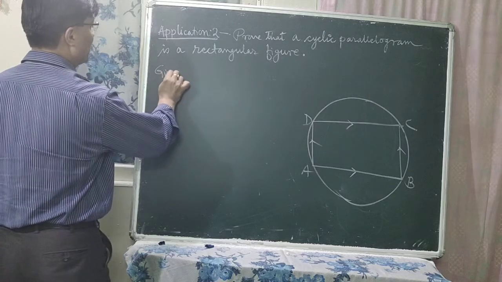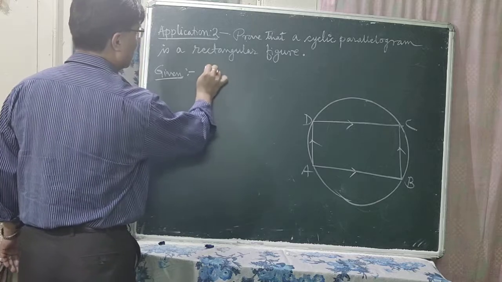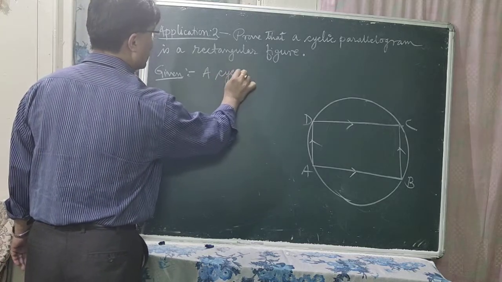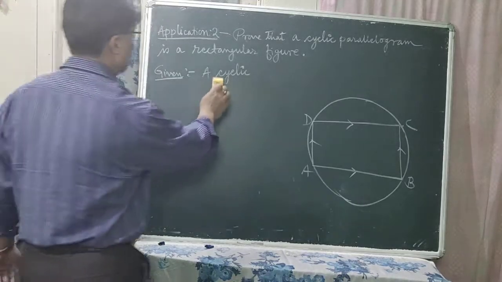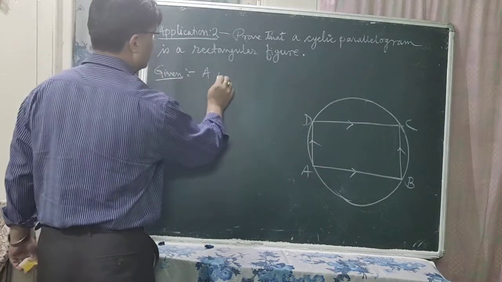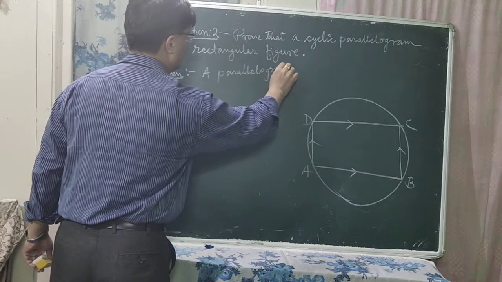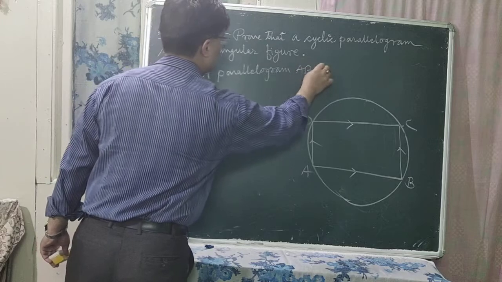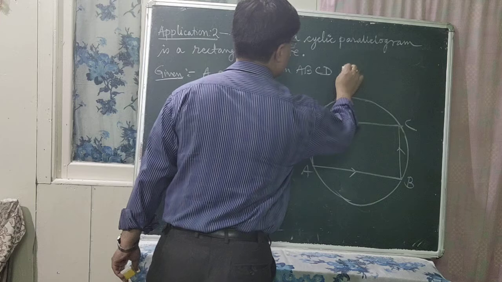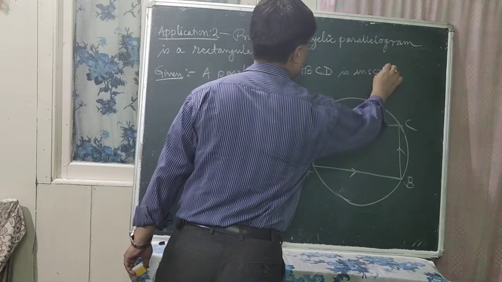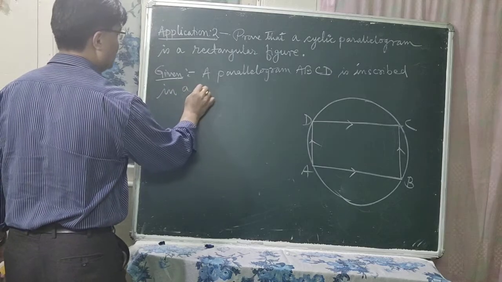Now write all the given part. So what is given here? A parallelogram ABCD is inscribed in a circle.